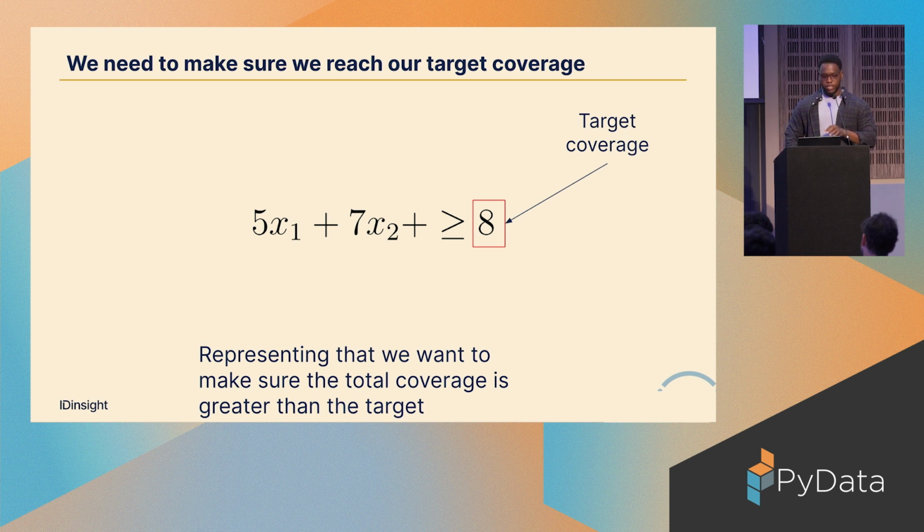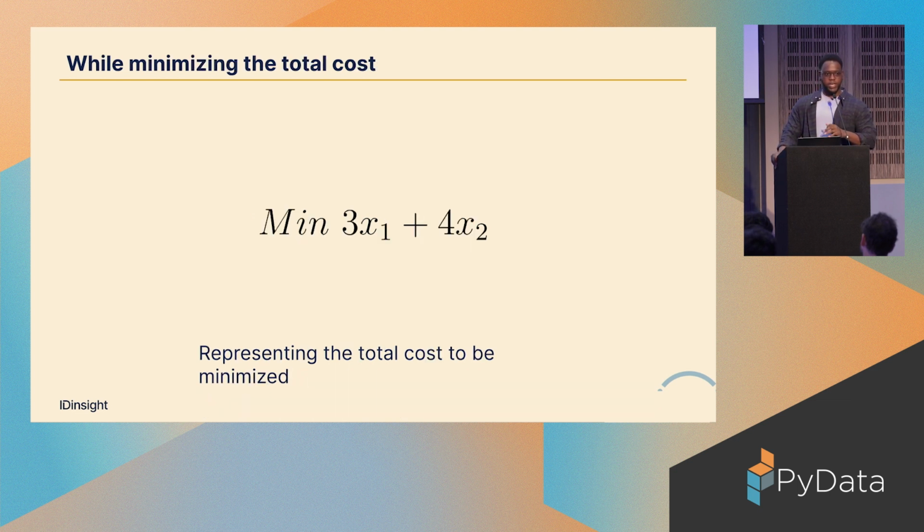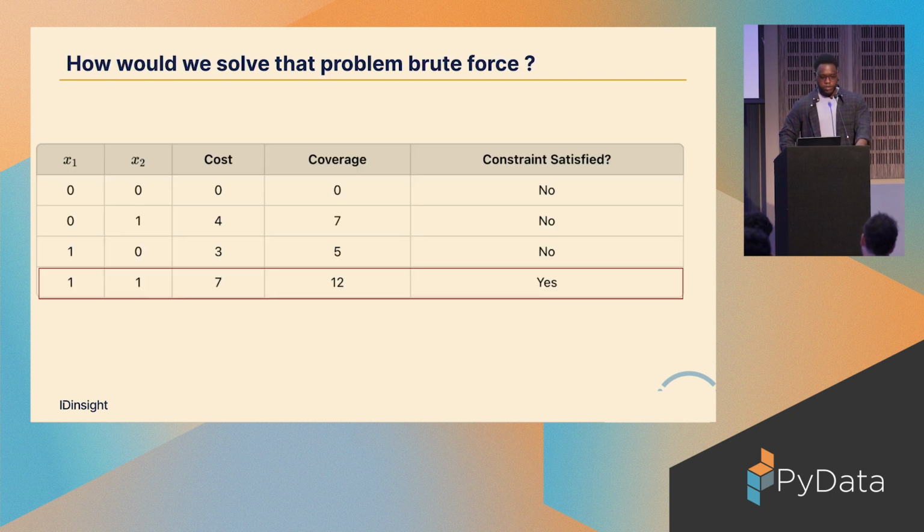But not only that, we also need to make sure that we minimize the cost, which here is $3 times x1 plus 4 times x2. So like I said, we can try to solve that using brute force, which means that we look at all possible solutions, calculate those equations and try to find the one solution that will fit both of these constraints that we have.